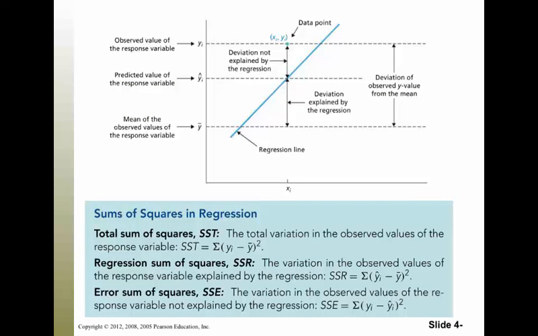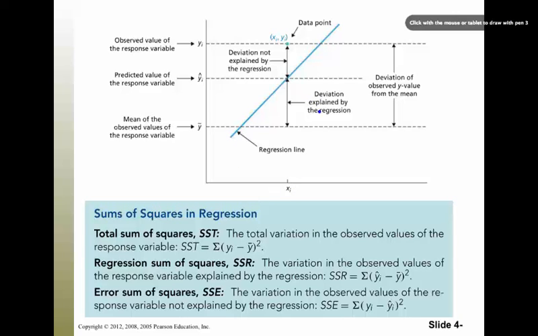Okay. So looking at our regression line here, so here's a particular data point. Here's the regression line from all the data points. Okay, and then down here, say this is the mean of all of the output data points.